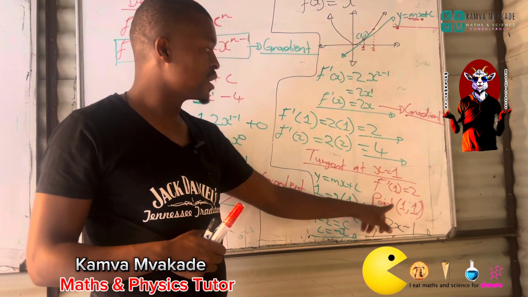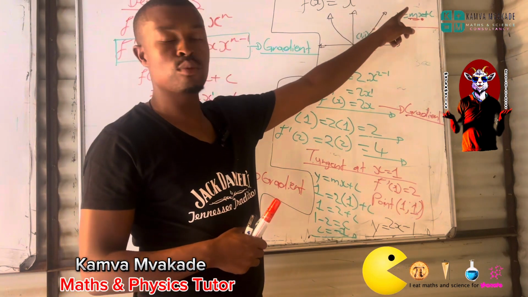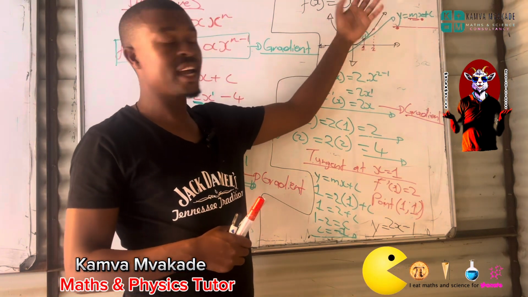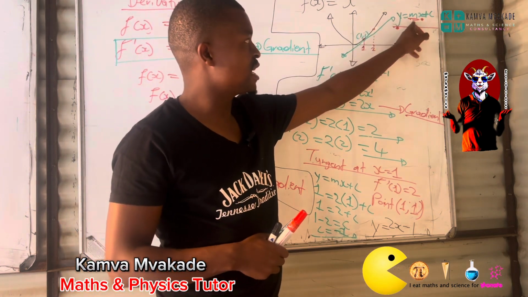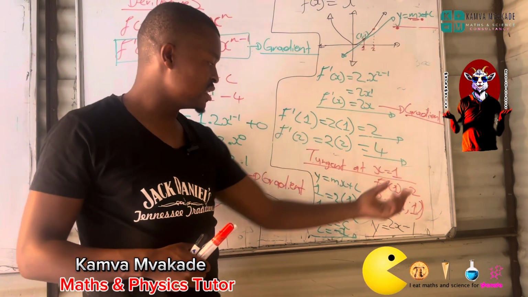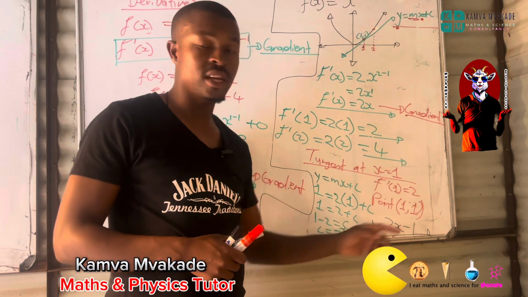A point is x and y. So we substitute 1 to find the corresponding y value. Then we go back to our straight line. We put in y, x and the gradient. We find c. And after finding c, we substitute everything back except for y and x. That's it.